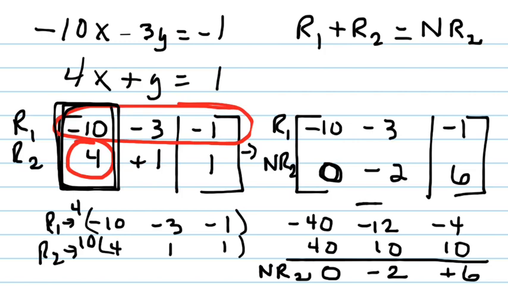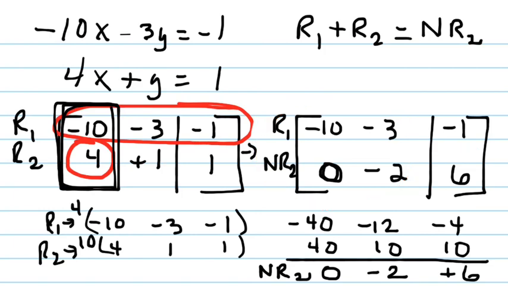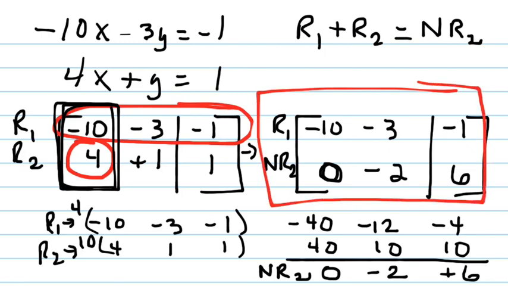Okay. So this is what our new matrix looks like. This one right here. Right? Okay, don't like those circles. Let's try just circling it. So this is our new matrix. We started off with our original matrix. Now we have our new matrix, and it has a row 1 and a new row 2.